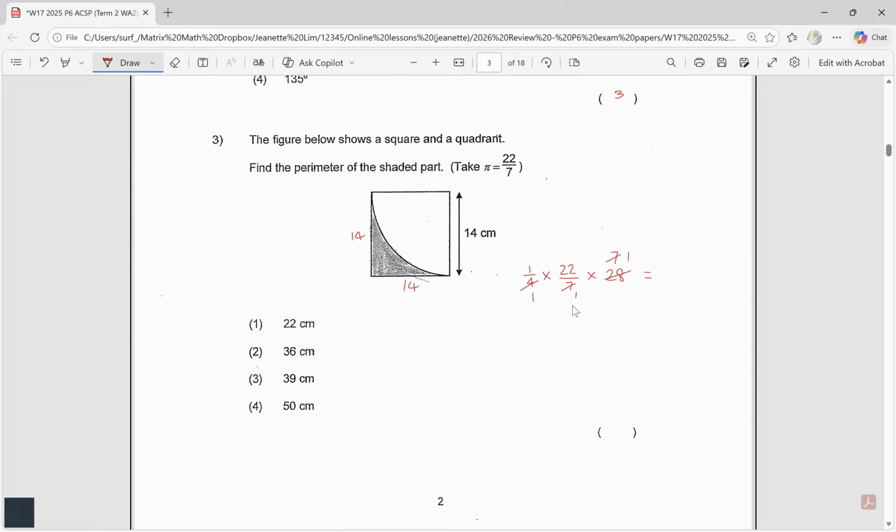So you're just left with 22. 1 times 22 times 1 is 22. Denominator is just 1. So the arc is 22, not the final answer. So the total perimeter is 22 plus 14 plus 14, which is 50. Answer 4.